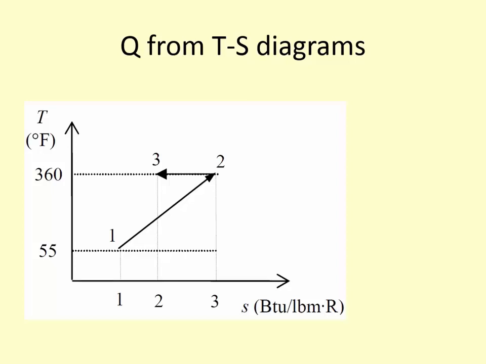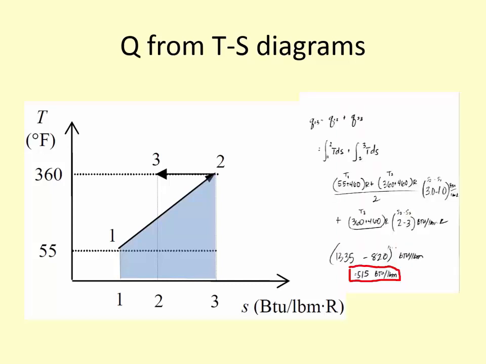They don't say specifically. So to calculate the area under the curve, we first have a positive area. So Q is equal to Q from 1 to 2 plus Q from 2 to 3. Note that this is in BTUs per pound mass times Rankine.